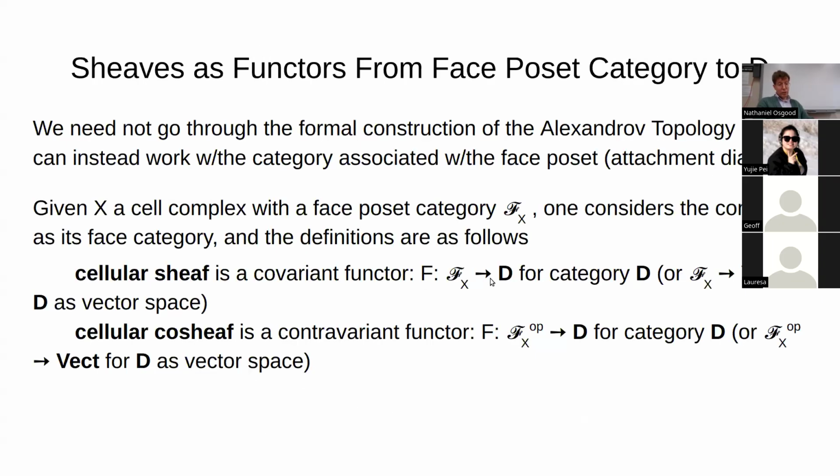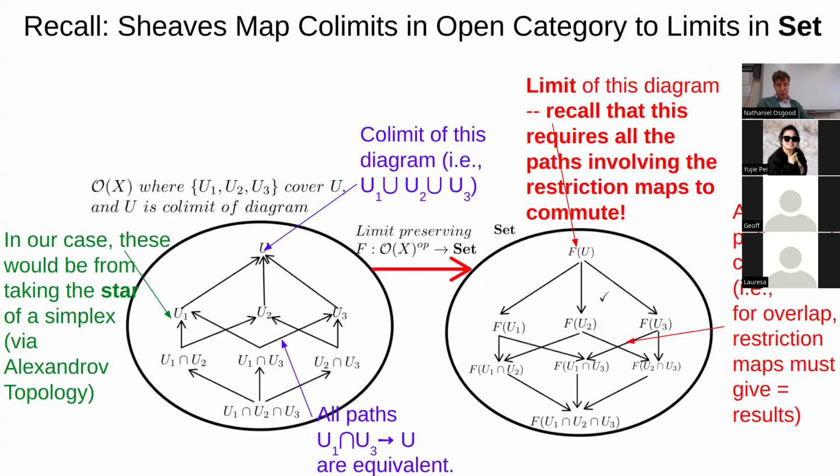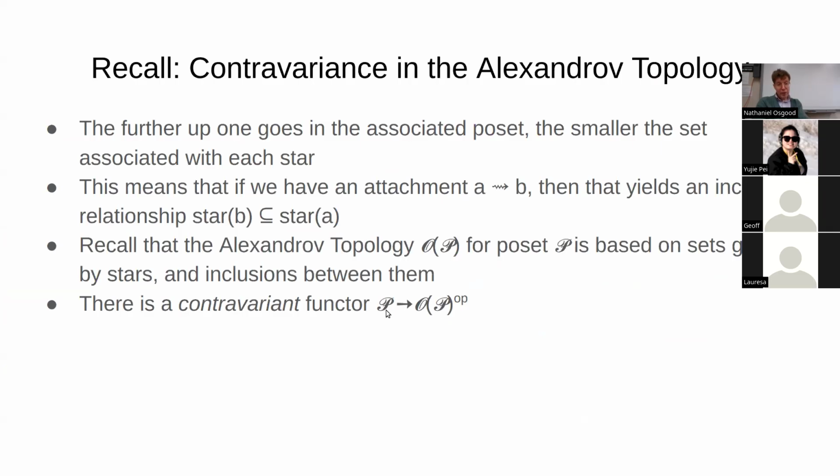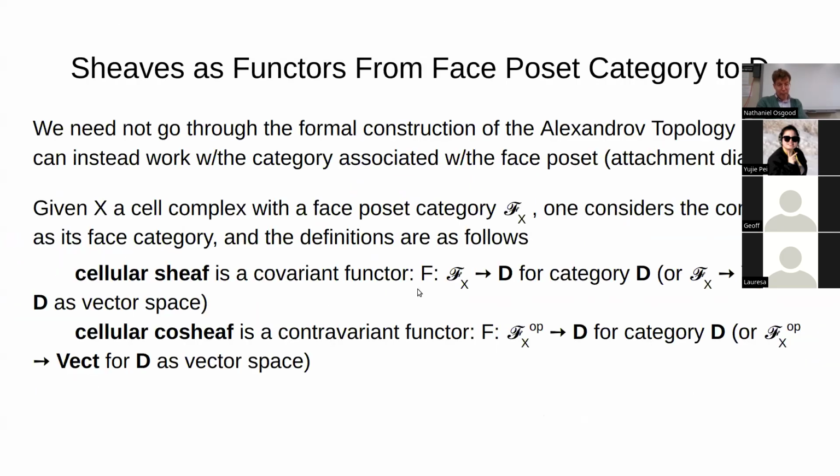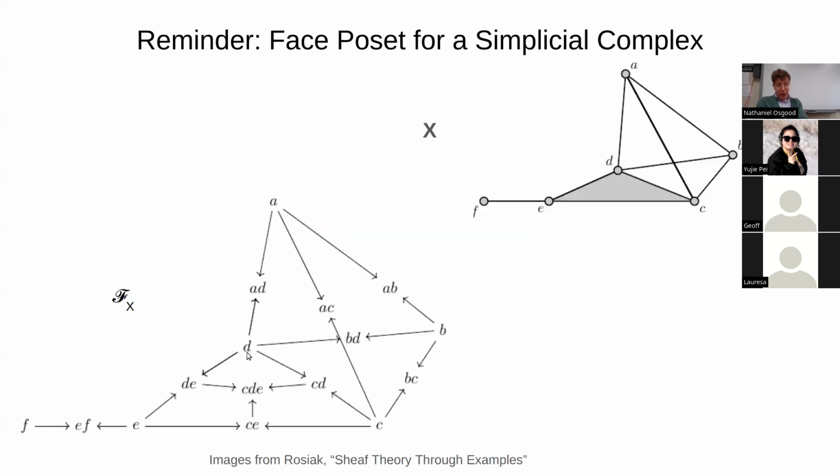And this is a covariant functor, Mehdi, because we have this op relationship with the topology involving the stars, and then we have this op here. You compose them and you end up getting a map directly from this face poset category, like that goes, if we have data over this and data over that, we have this mapping between them that's covariant.